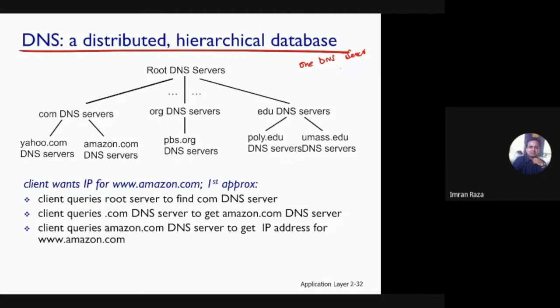But what do you think are the problems with a centralized design here? If I implement DNS on one server, one problem is that it's a single point of failure. We are just talking about design possibilities: one possibility is implementing it on one server, and the drawback of such an implementation is a single point of failure.